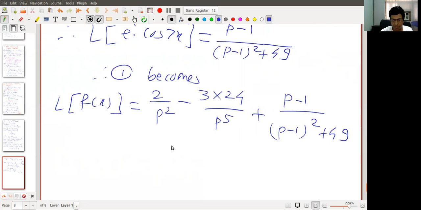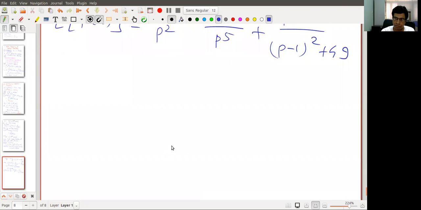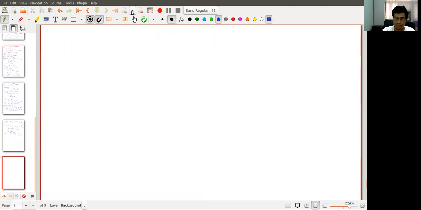Now we move to the next property. Here we discussed some examples based on linearity property and shifting property. Next property is called the change of scale property.